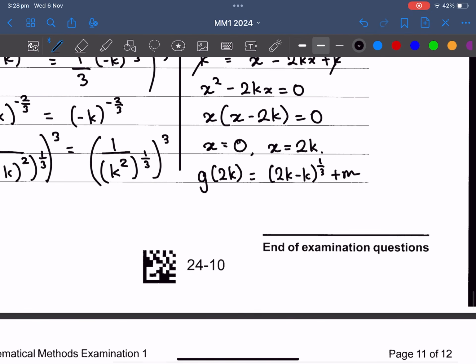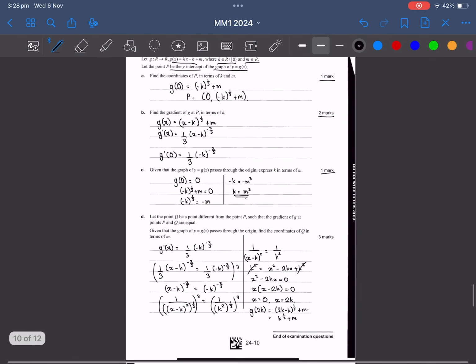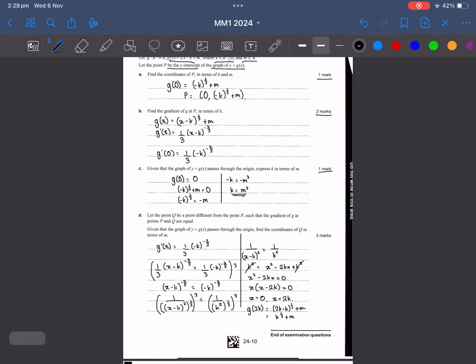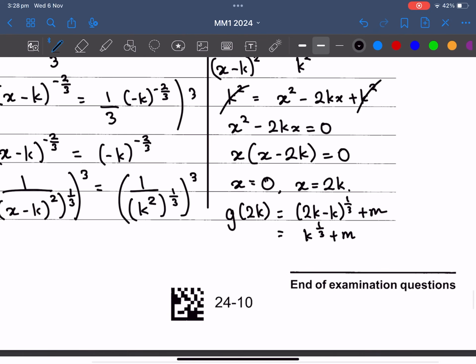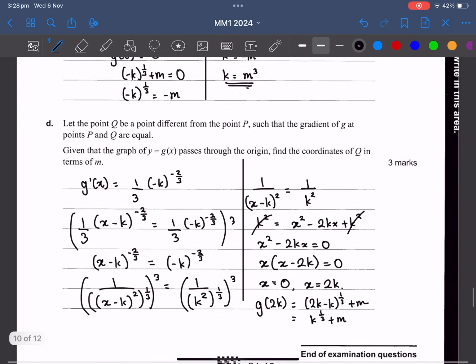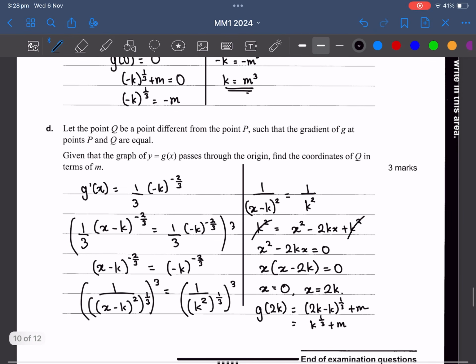So this would be k to the power of a third plus m, I think. Yeah. Okay. Are we missing anything? Given the find it. Oh, in terms of m.